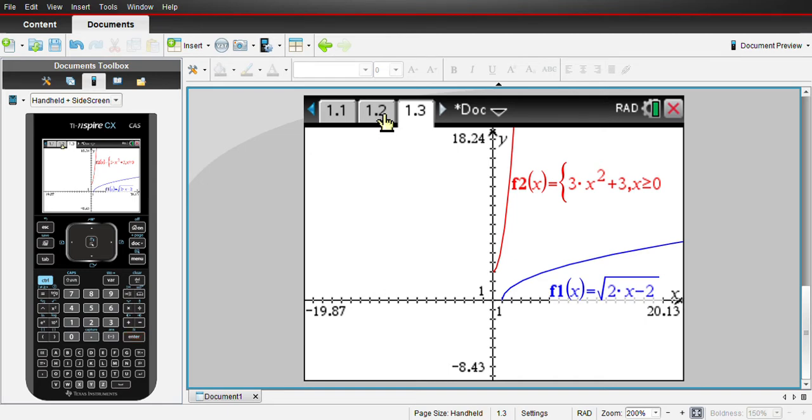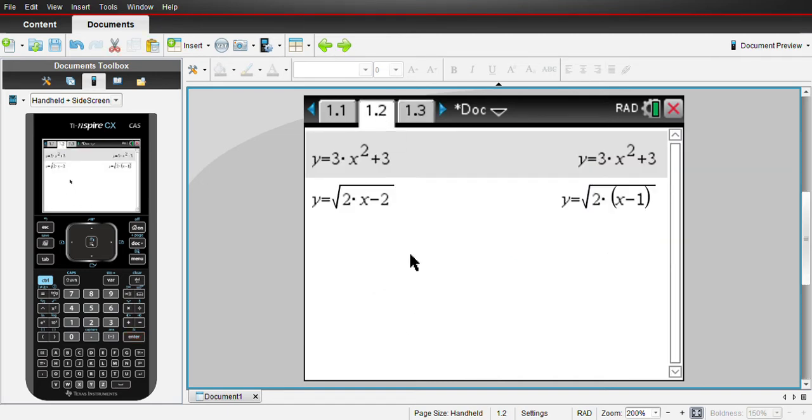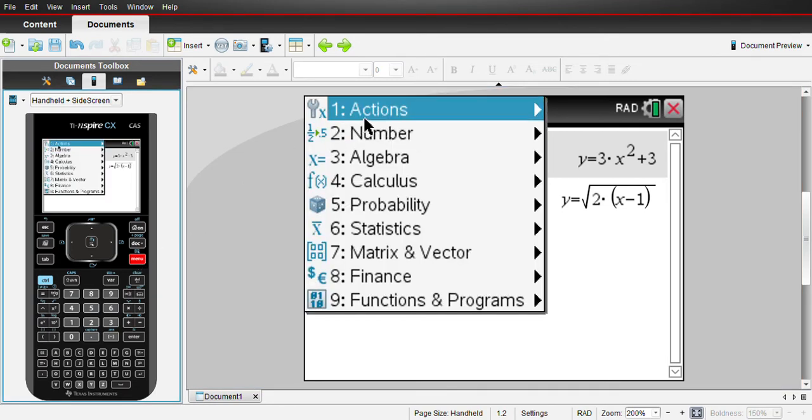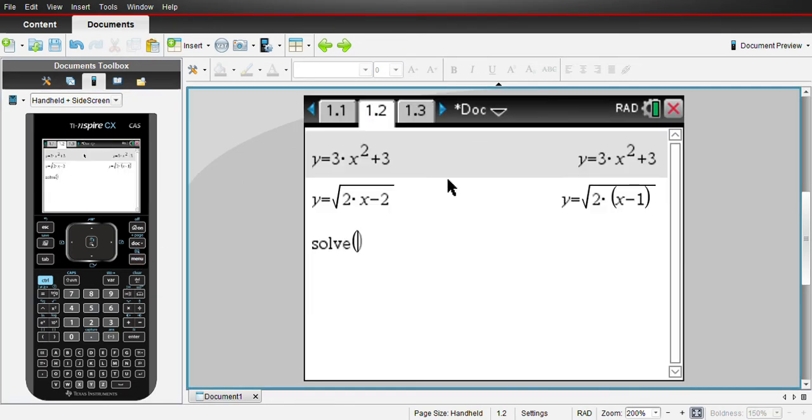Okay, so first off, we're going to do our y is equal to the square root of 2x minus 2. So with inverse functions, we need to swap x and y and then solve for y. So we can do this really easy on Cas by doing menu, algebra, solve, and then if you want you can copy and paste or type it in.